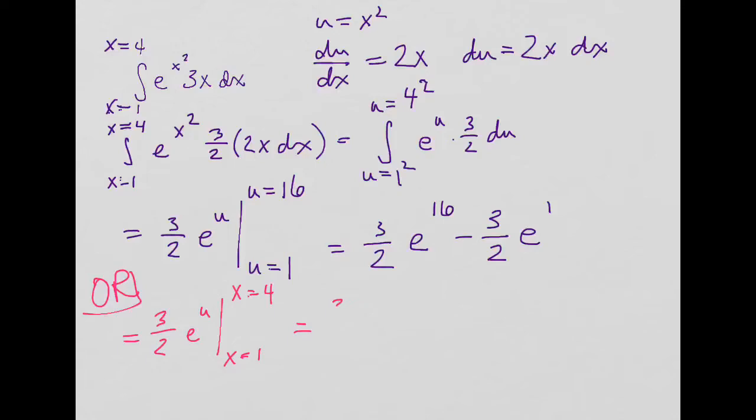So it's going to be 3/2 e to the x squared from x equals 1 to x equals 4, which is 3/2 e to the 4 squared, which is 16, minus 3/2 e to the 1 squared, which is 1. That ends up being the same thing as when we changed our limits of integration. Either way is a valid way of using u-substitution.